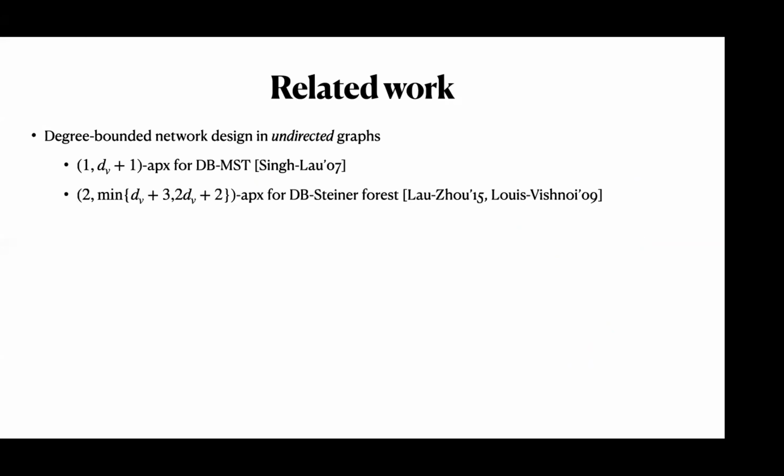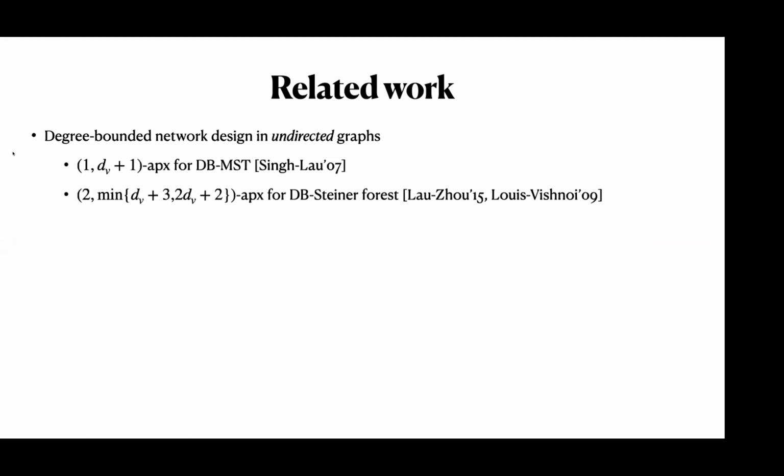And there are a lot of related works on degree-bounded network design problems in undirected graphs. This undirected case is well studied, and people have obtained almost optimal bicriteria approximation.